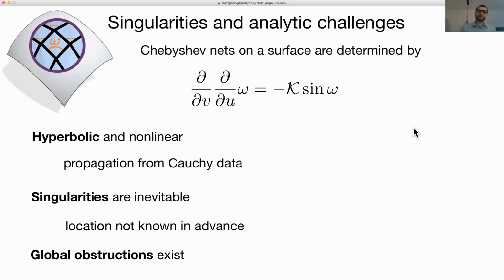So recall that if you want to put a Chebyshev net onto a given surface, then the compatibility condition, or the Gauss equation, for this to occur intrinsically is to have a relationship between the amount of shear in the Chebyshev net and the Gaussian curvature function of the surface. So for a fixed surface, the Gaussian curvature function is known, and we then want to solve this nonlinear hyperbolic differential equation along the target surface.